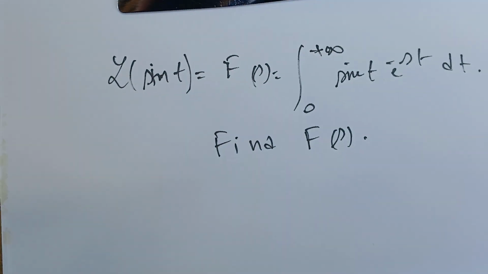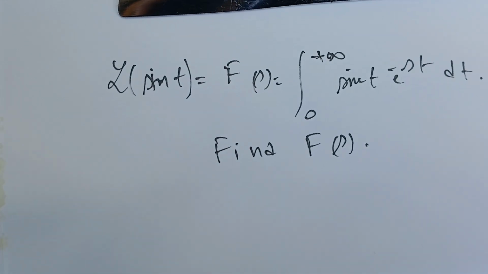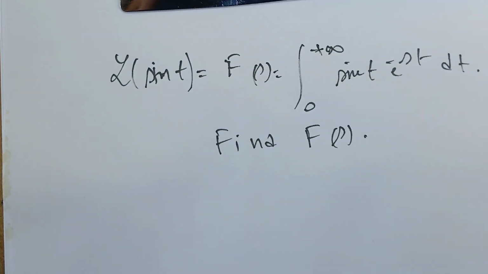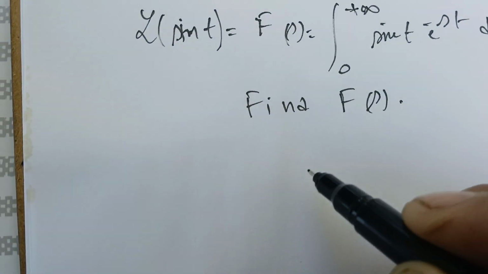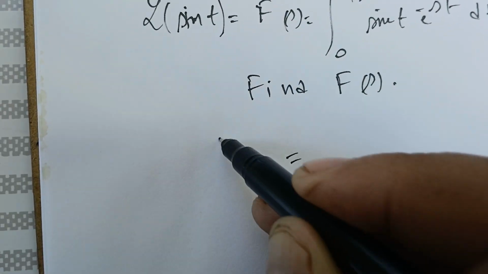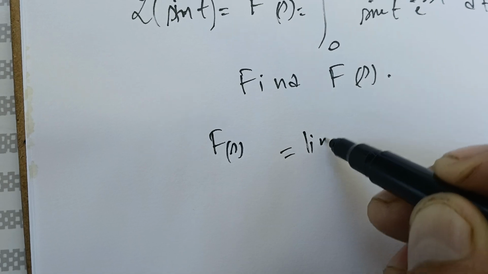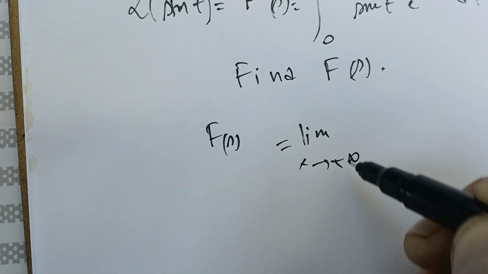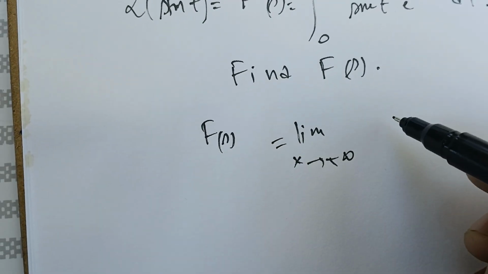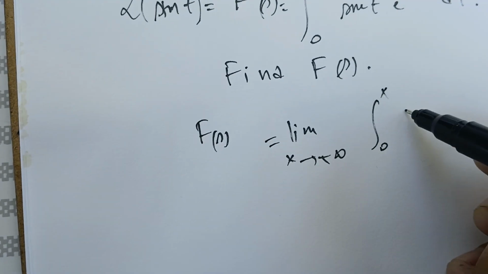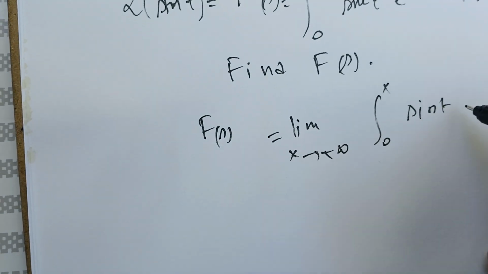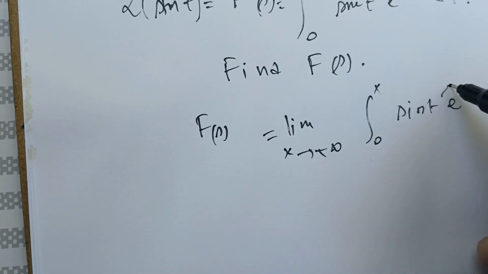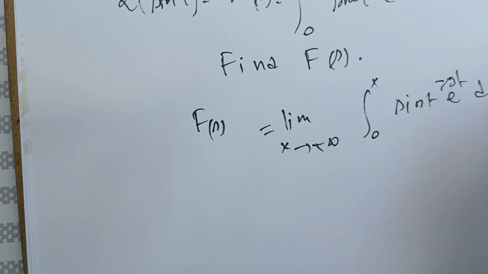Here we can use the definition of the improper integral. So F of s is the limit as x goes to infinity of the integral between 0 and x of sine t e to minus st dt.